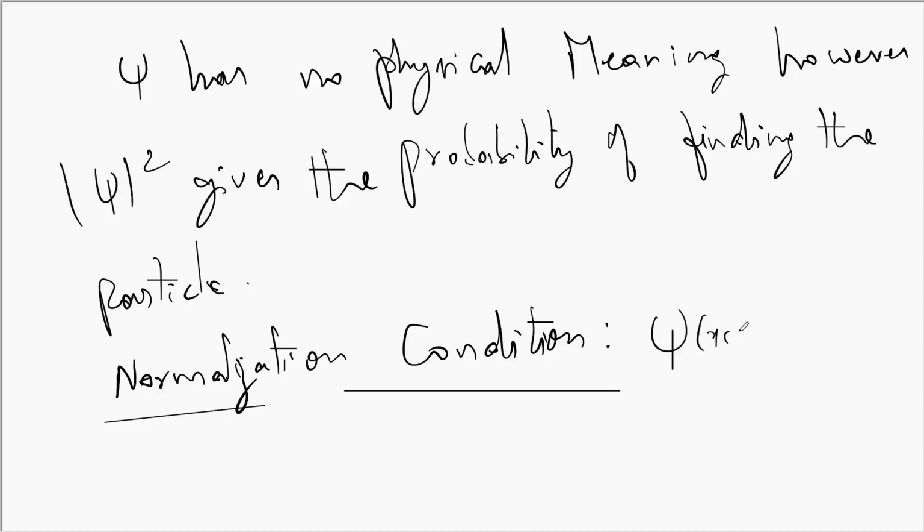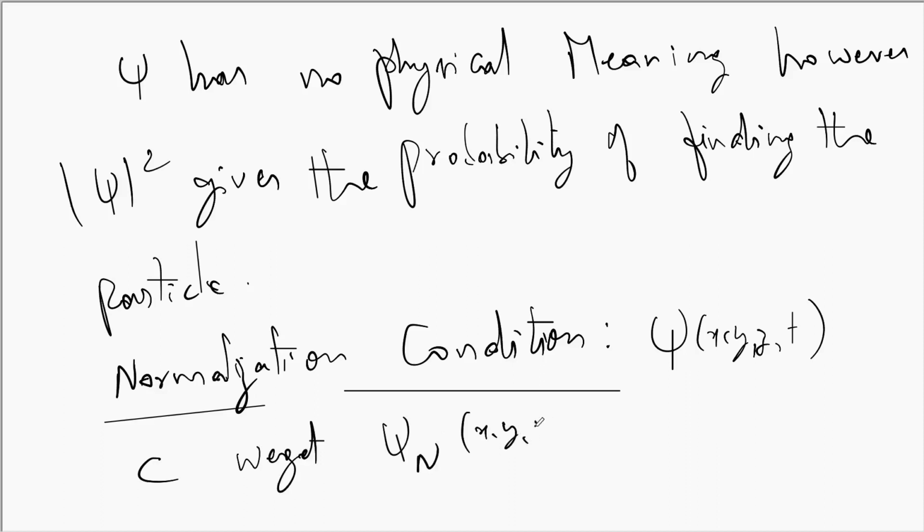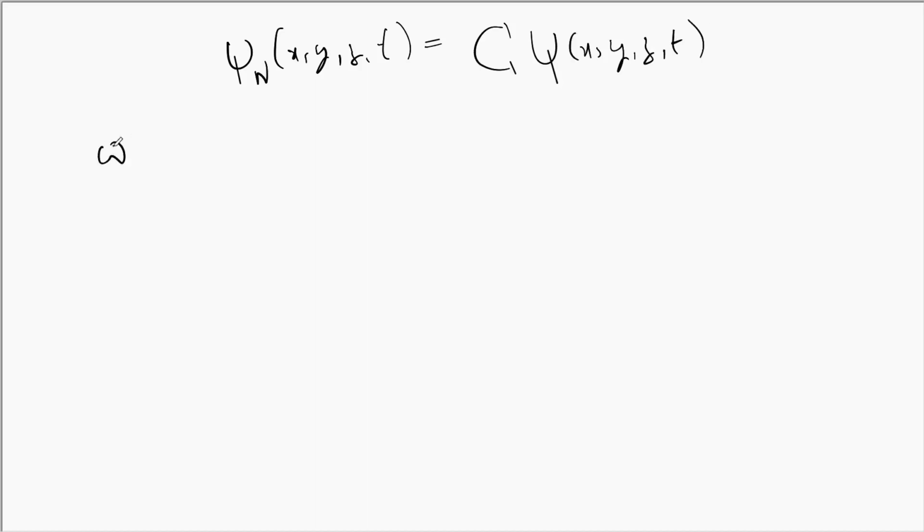If psi(x, y, z, t) is the wave function of a particle that exists in space, then when it is multiplied by a constant c, we get psi n(x, y, z, t) that satisfies a condition. The condition is psi n(x, y, z, t) is equal to the constant c times psi(x, y, z, t), where psi n satisfies the following relation.